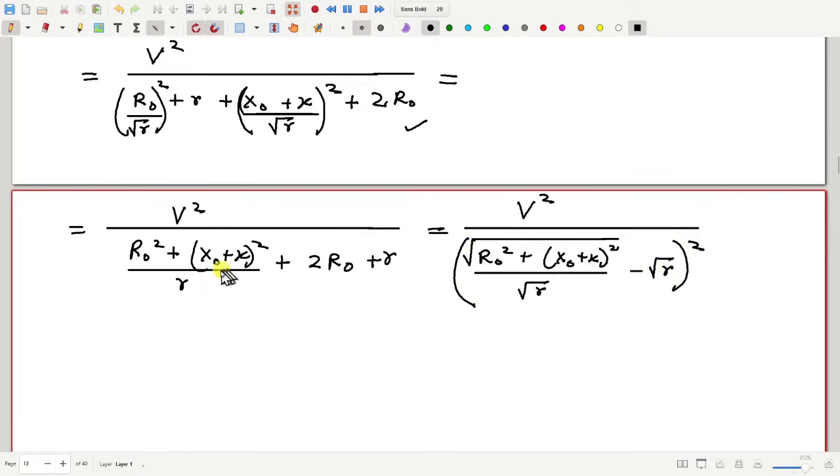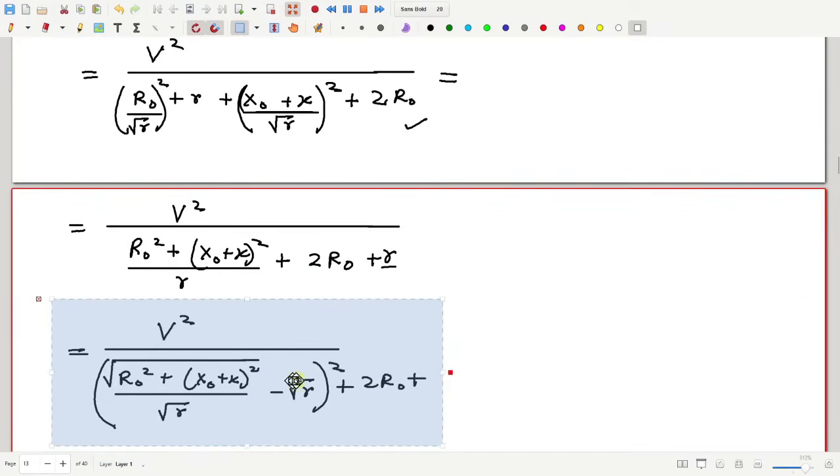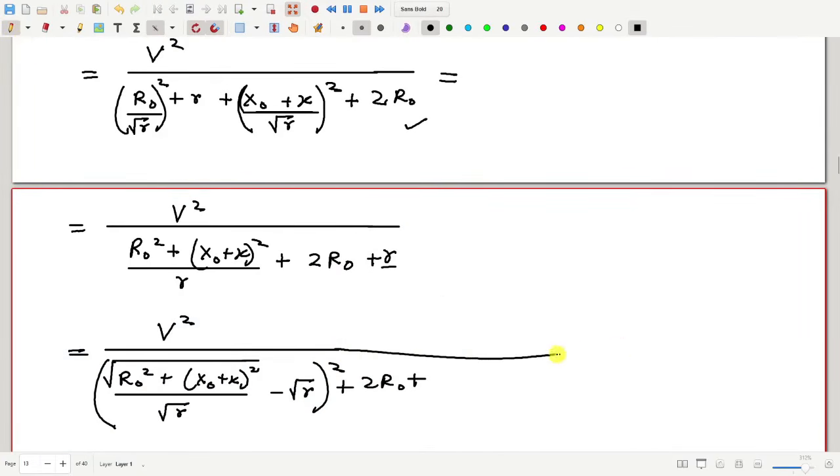So we will get the first term, then this term. Now we need 2 r naught plus 2 into root of R naught square plus x naught plus x whole square, that's the step.